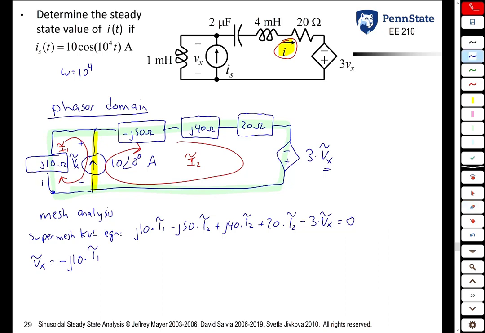Because I1 is going in this direction through the inductor, and so from the passive sign convention, the voltage across this inductor would be I1 times J10 with the plus here and the minus there. Since Vx is defined with the plus here and the minus there, we need a minus sign. So Vx is minus J10 times I1.